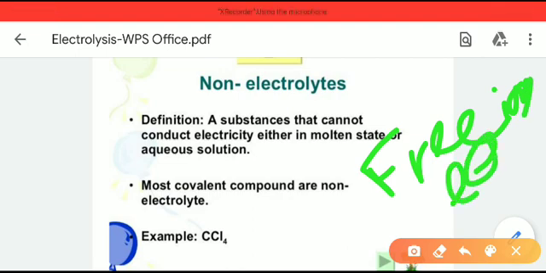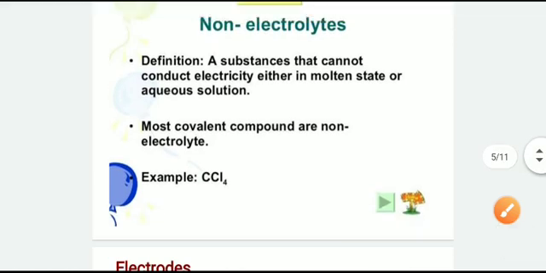Due to these two factors, free electrons or free ions, any compound can conduct electricity. But covalent compounds, or non-electrolytes, possess neither free ions nor free electrons, so they do not conduct electricity.